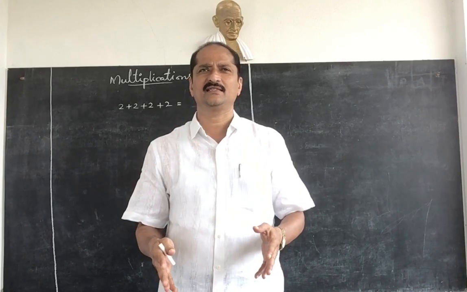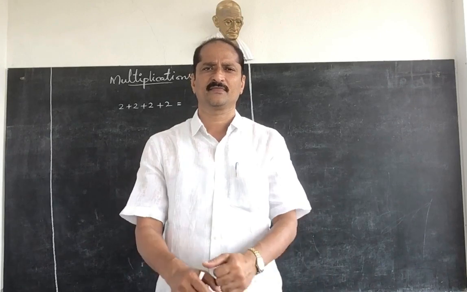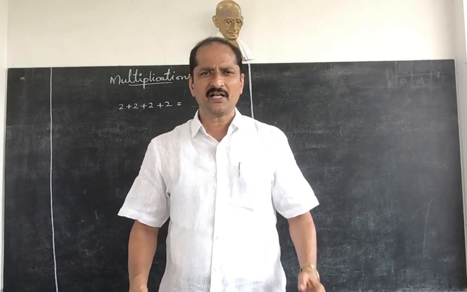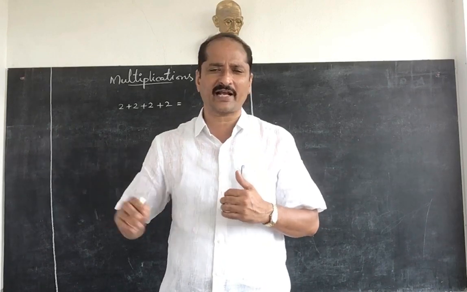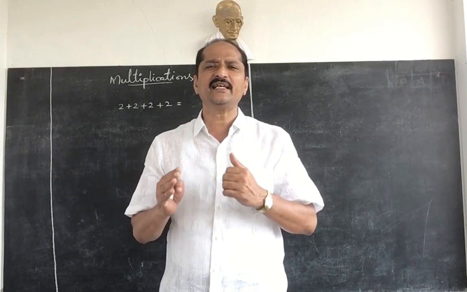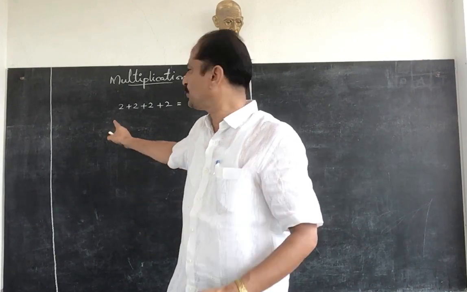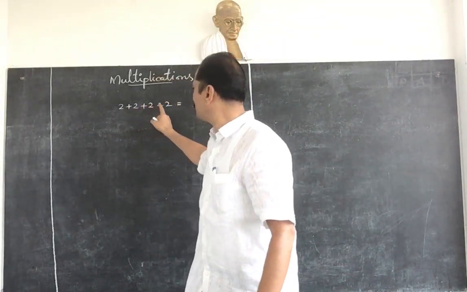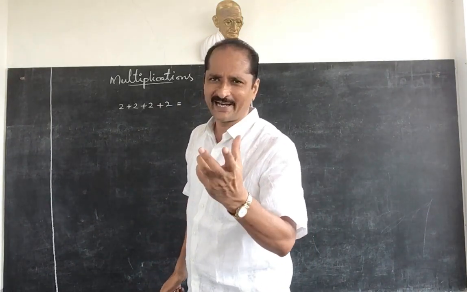Multiplication is the simplest form of addition. That means if you are adding the same number a repeated number of times, that is to be multiplied. For example, if you add 2 plus 2 plus 2 plus 2, what are we adding? 2 we are adding.